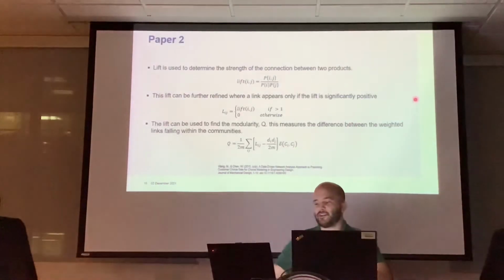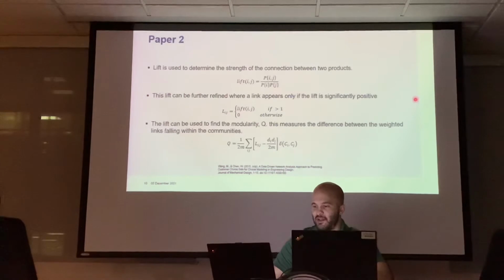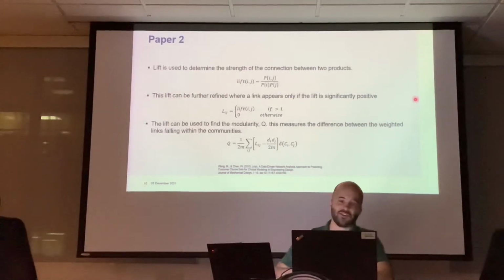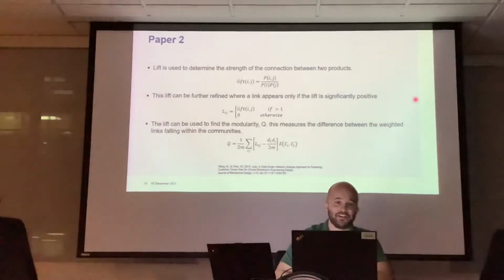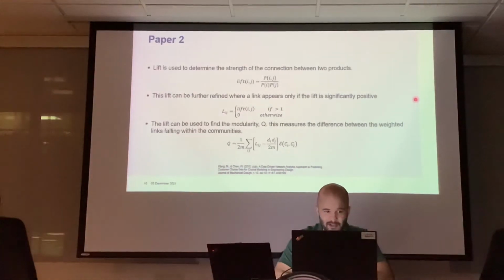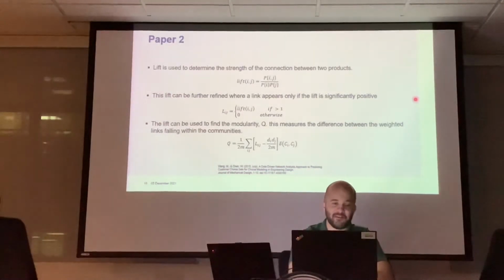Now, the paper goes into detail on how they are able to predict these choice sets. First, they also use a lift calculation to determine the connection between the two products. They further develop this lift where they're only considering the significantly positive lifts.